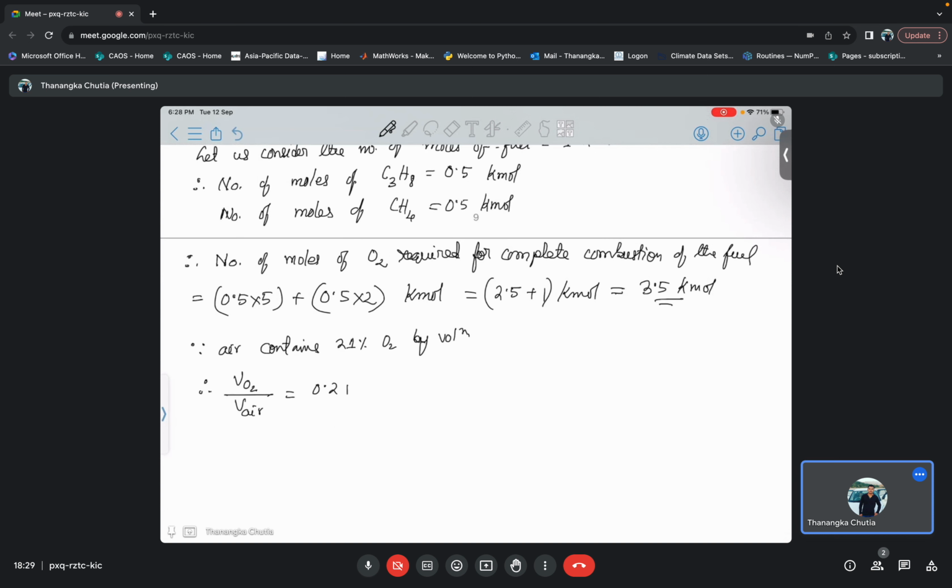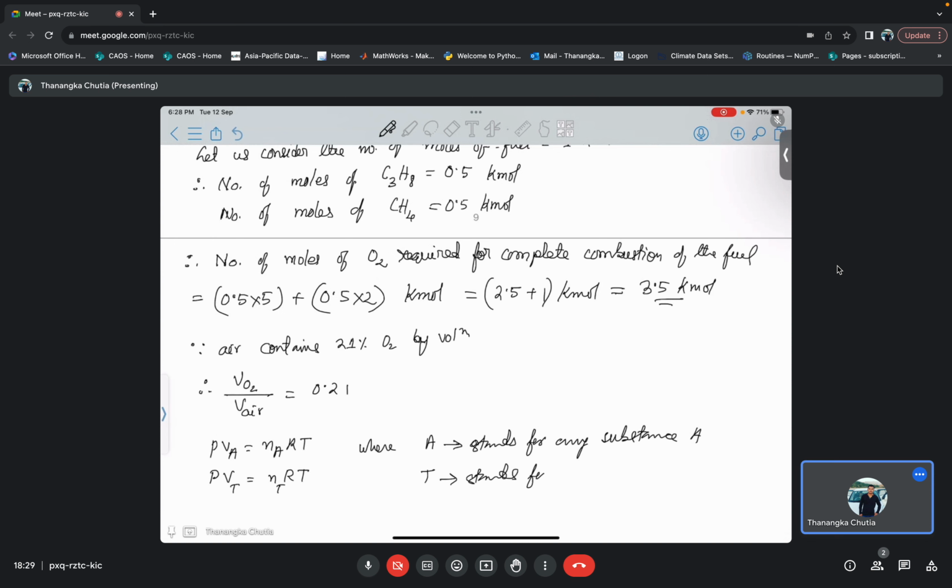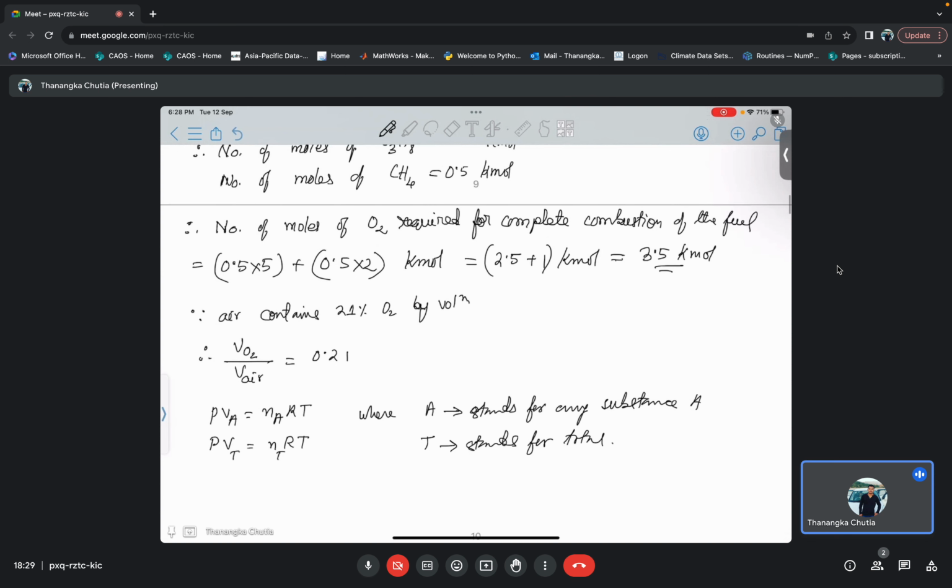Now if you write PVA = NART and PVT = NTRT, where A stands for any substance A, and T stands for total. Now if you take this ratio, PVA by PVT is equal to NART divided by NTRT.